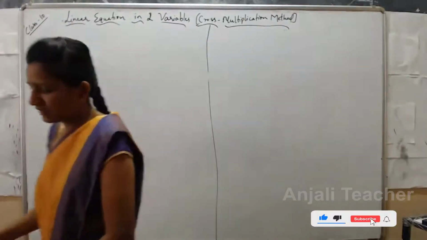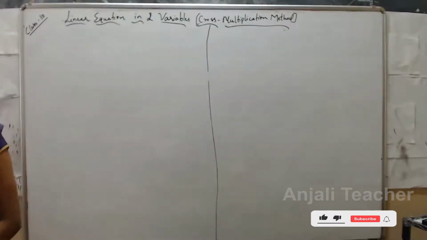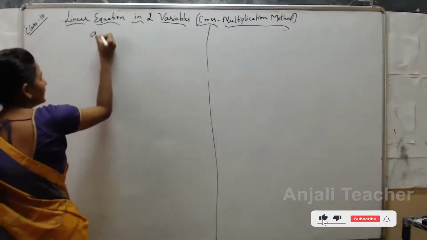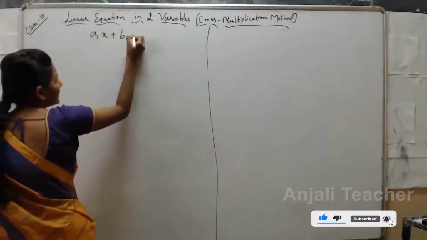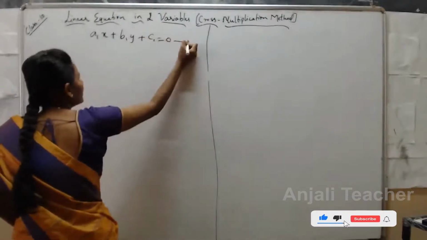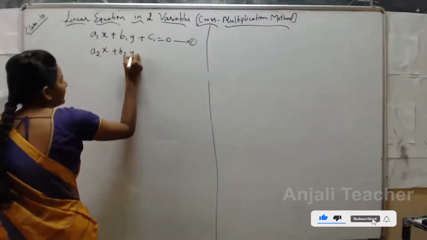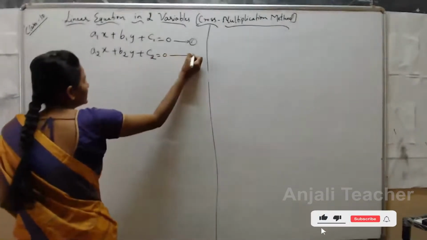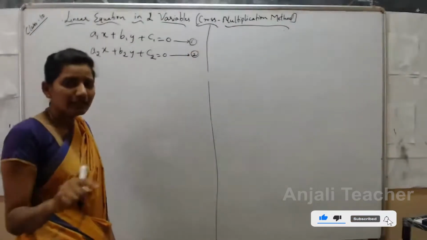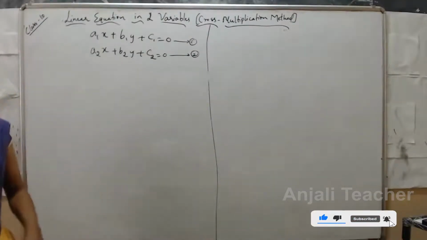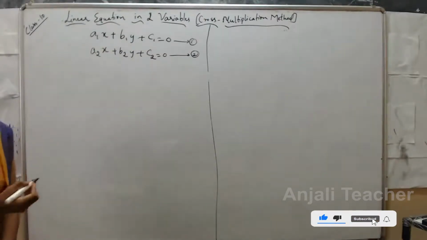See there, the general form of a linear equation is a1x plus b1y plus c1 is equal to 0, and the other equation of the pair is a2x plus b2y plus c2 is equal to 0. This is the general form of a pair of linear equations in two variables. I already said this in the first introduction class. Now, check equation 8 on page number 85.